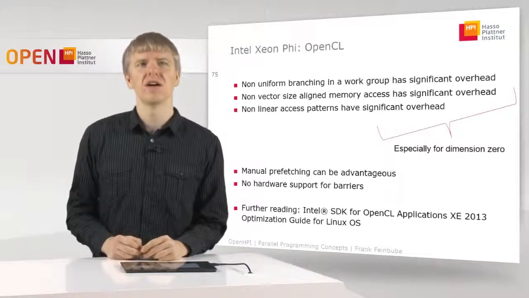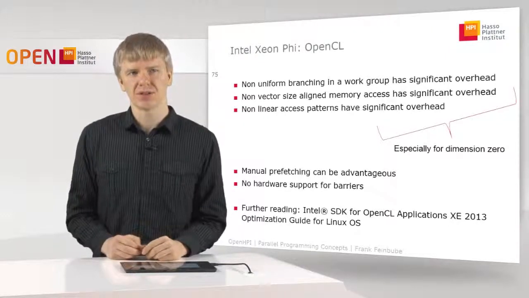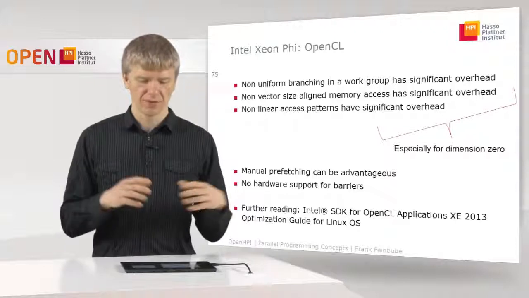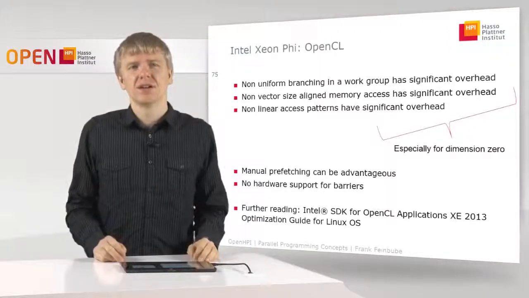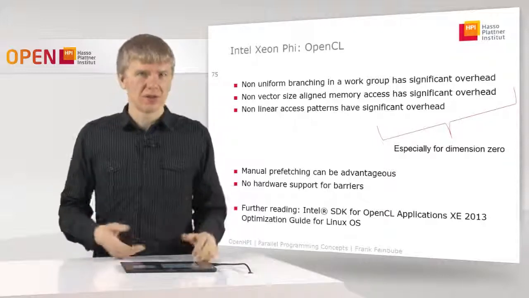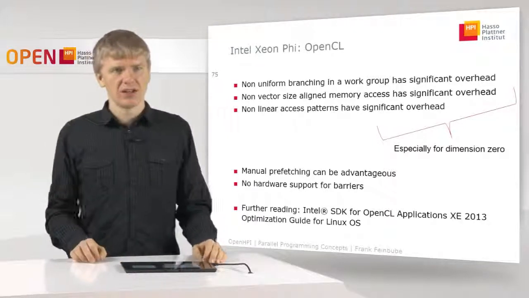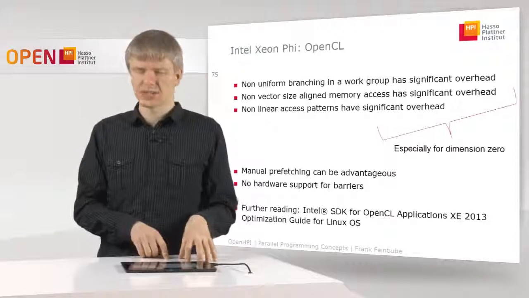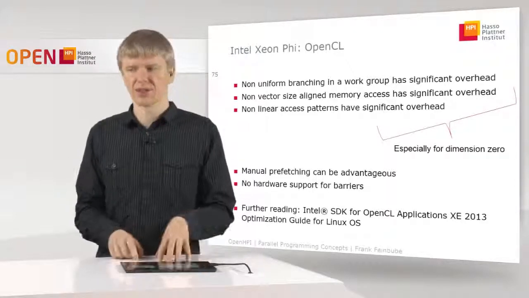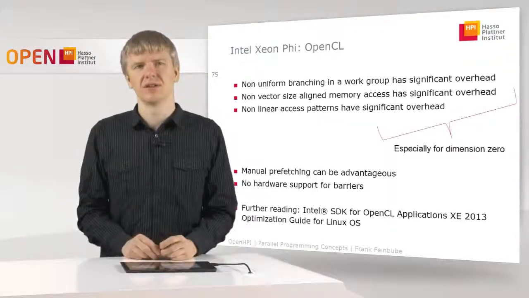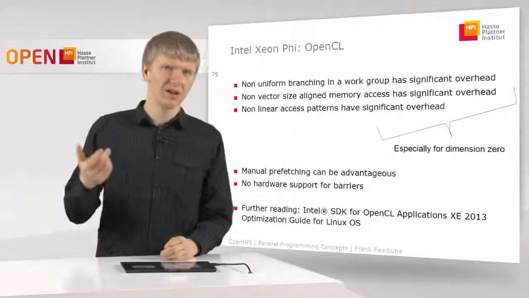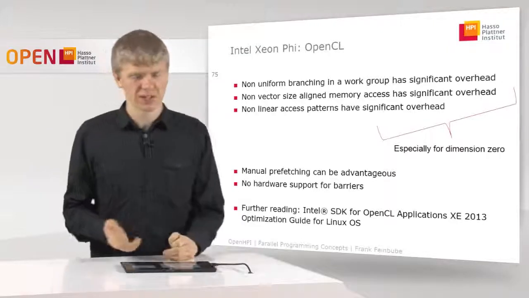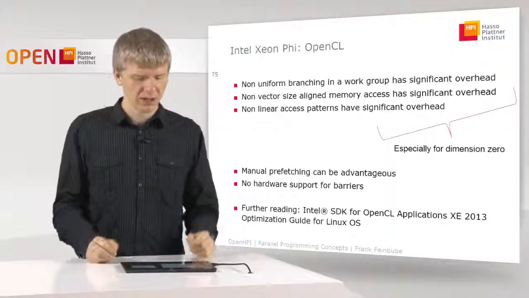And also, you should make sure that everything is in a vector that is a multiple of 16, so that the SIMD units can really be used in order to do the execution. And you need to have a linear access pattern because otherwise the SIMD execution will still be a problem. So this coalesced memory problem that we've discussed also applies here.